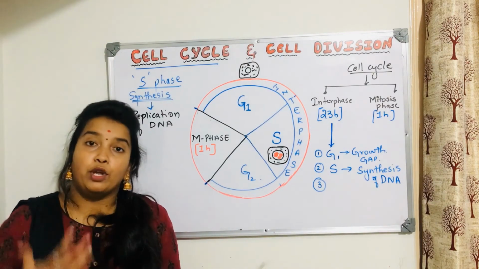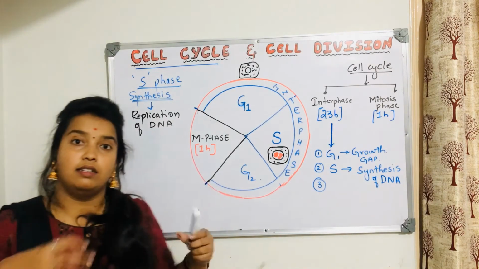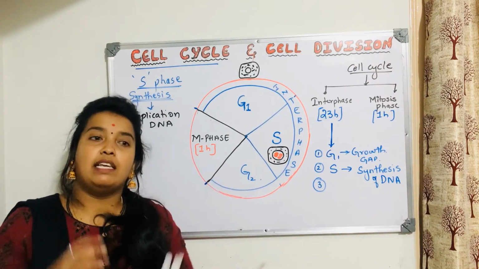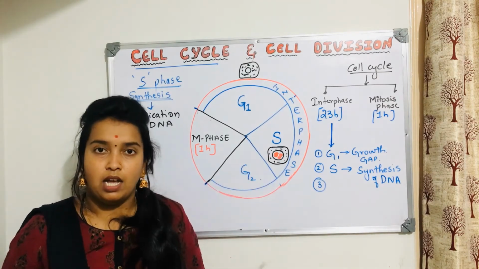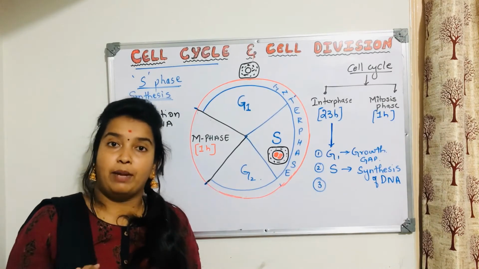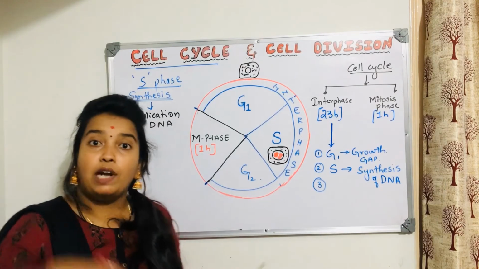Centrioles will produce spindle fibers. Next the cell is going to divide, and when it divides it should form spindle fibers. For the formation of spindle fibers, centrioles are important.